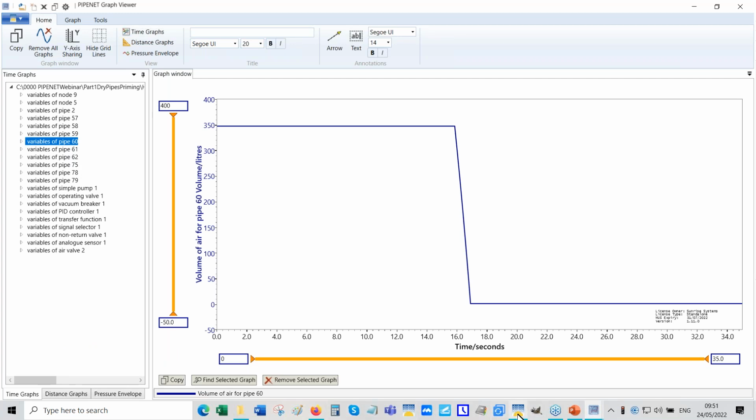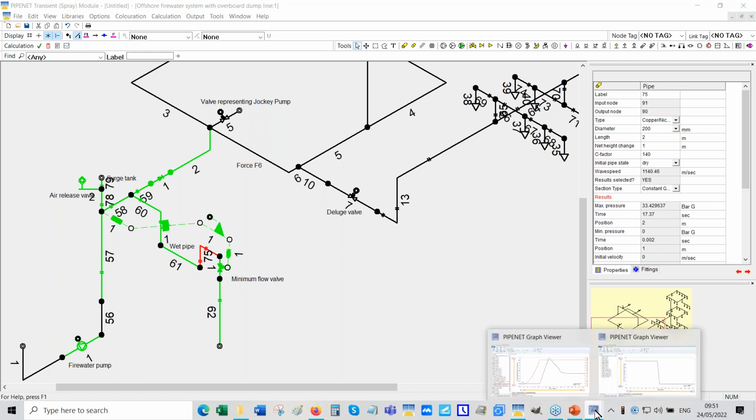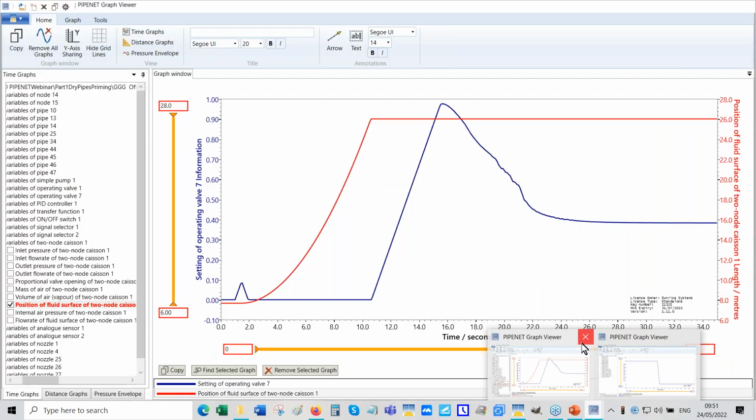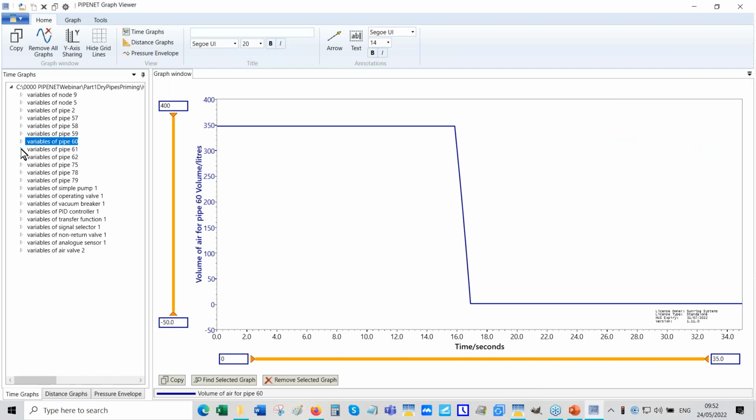Pipe 60, this pipe here, 61, and 75, they're here. Click 61.